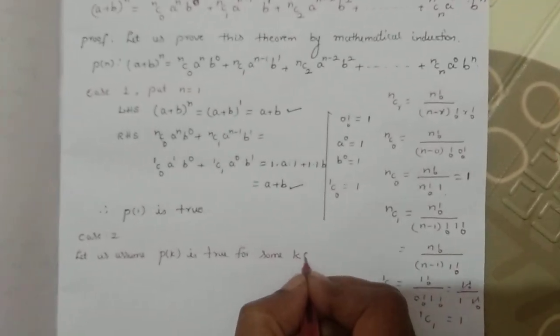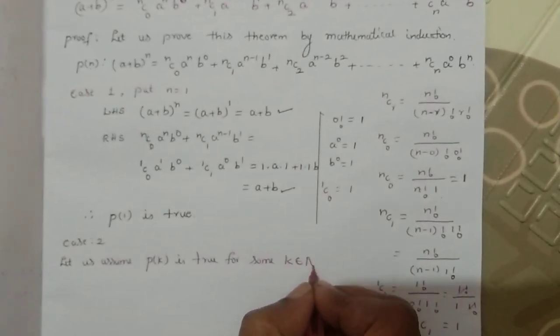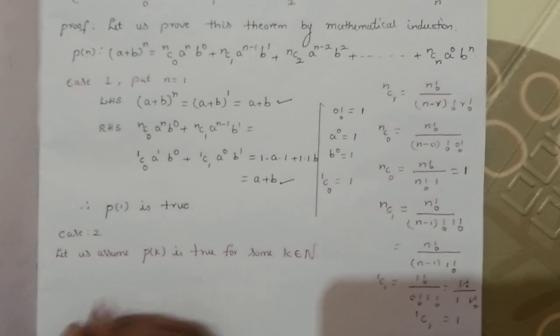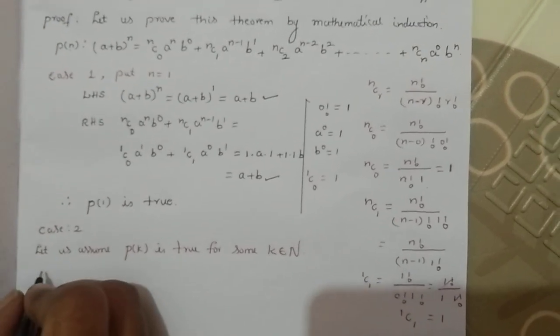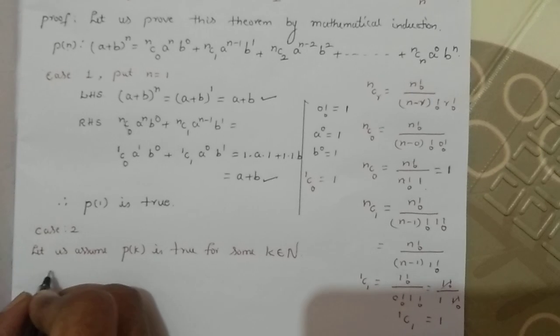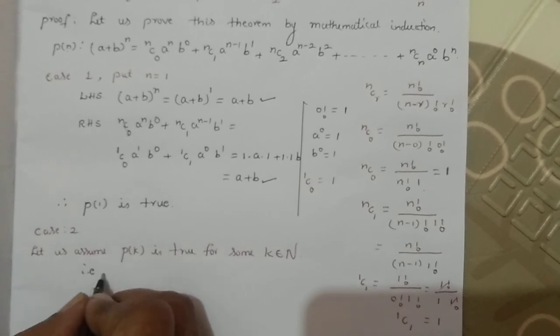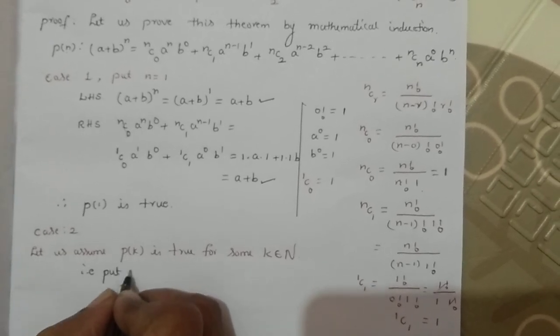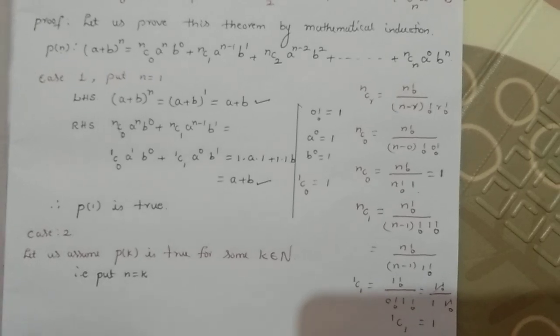In the statement, for some positive integer n, instead of that n we have taken k belongs to the natural numbers. So we are assuming here n equals k.